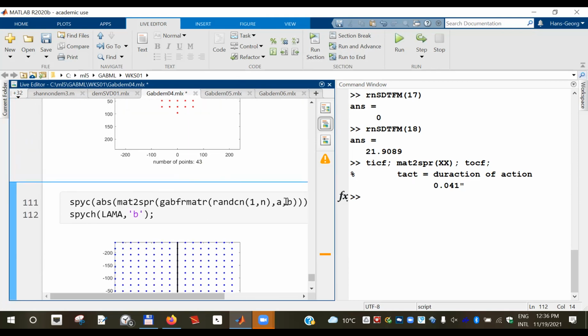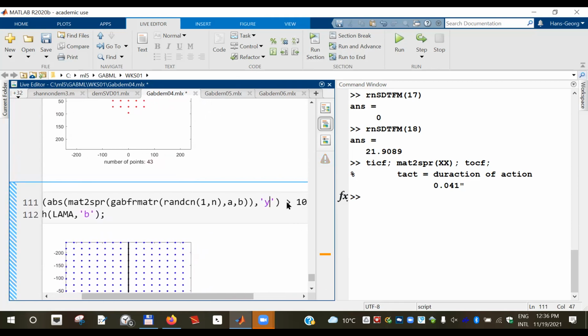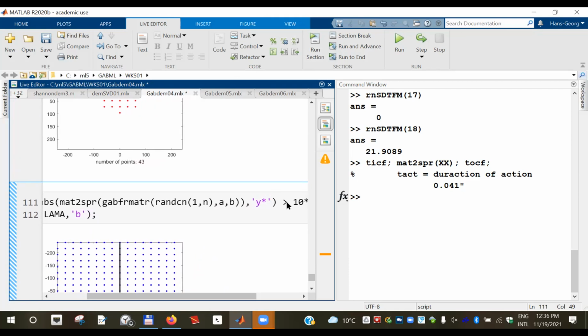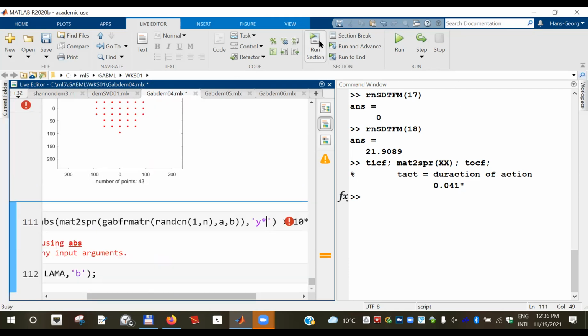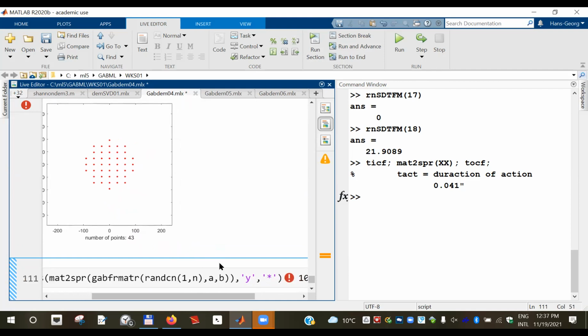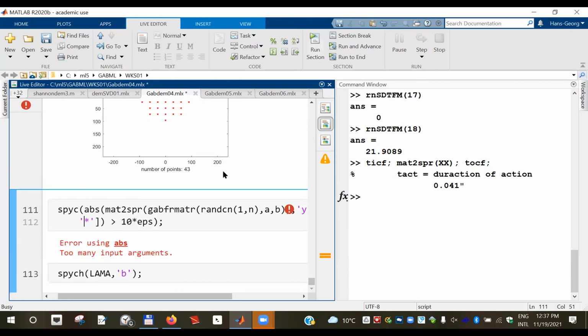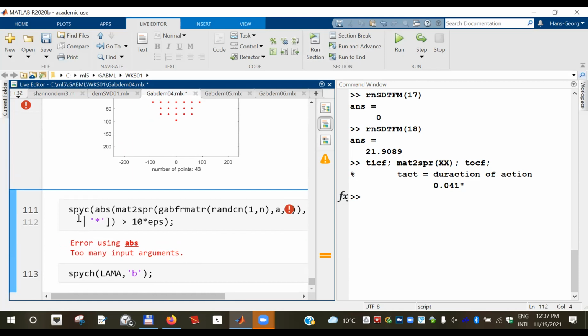Maybe we can do this here with yellow stars. I'm not sure if this works. I think I have to put it separately. That's because it's not standard MATLAB.